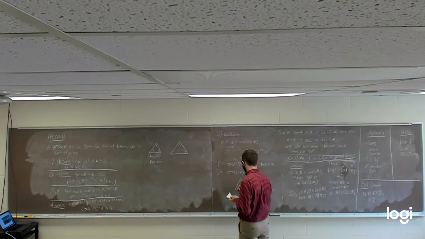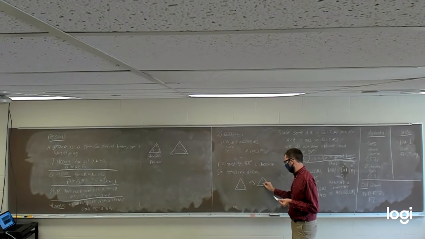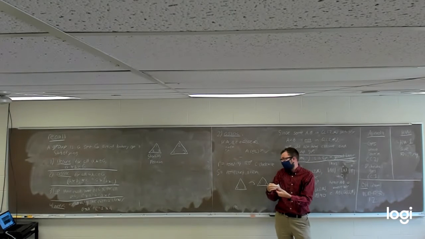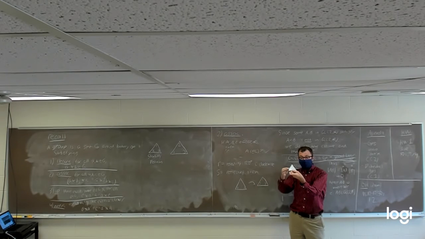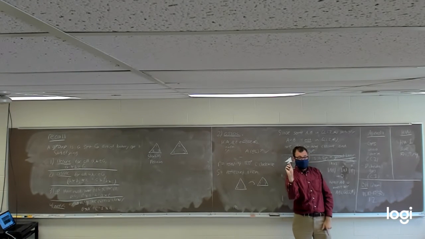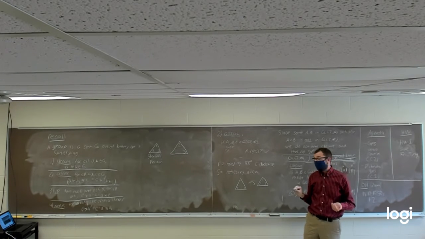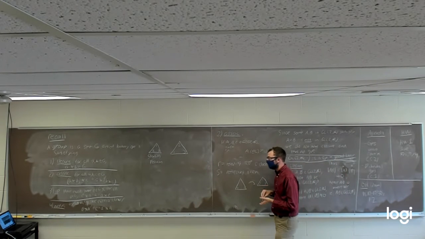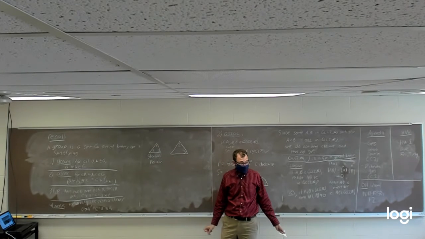So if this is 1, this is 2, this is 3, reflecting would take 1, 2, 3 like this to 1, 3, 2, swapping the bottom 2 corners but keeping the top corner the same. It turns out by doing different combinations of R's and S's like this, you should be able to get all of the triangle configurations that you found in the first step.